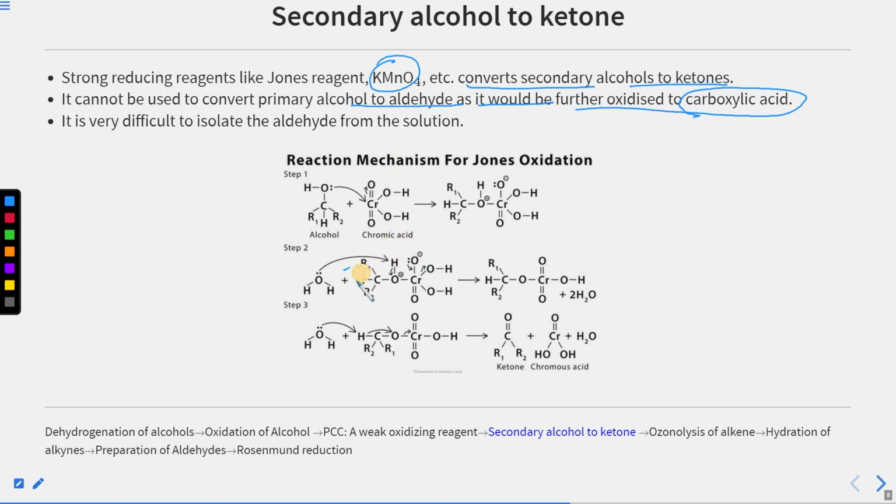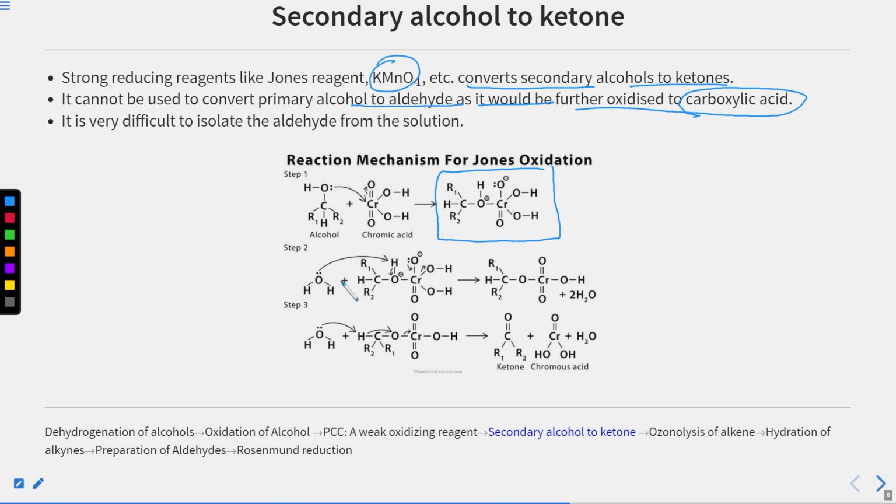So here is our Jones reagent. We have alcohol, which has oxygen in it, and oxygen has a lone pair, and this chromium has an empty d orbital. So first of all, this oxygen will donate its lone pair into the chromium d orbital. This will move the double bond between chromium and oxygen onto oxygen, and this kind of adduct will be formed. Clear?